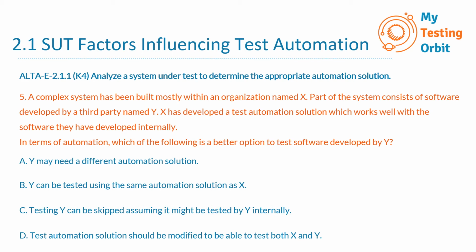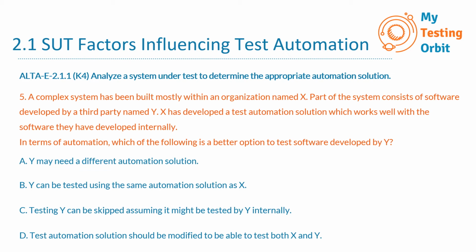So C will be incorrect option, and D is test automation solution should be modified to be able to test both X and Y. Okay, that's not a very good approach, because this means that every time there is some different software, you always have to spend a lot of time to modify your test automation solution.